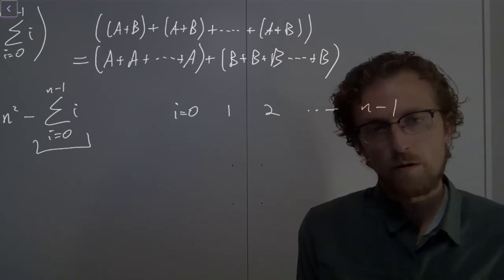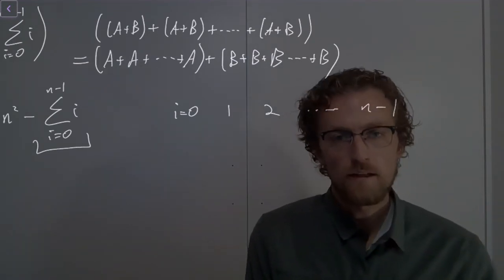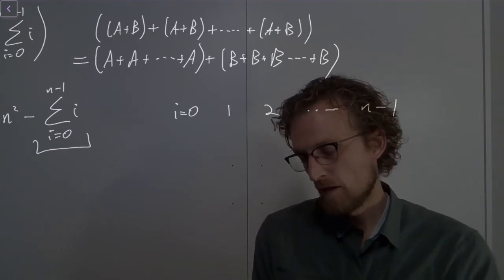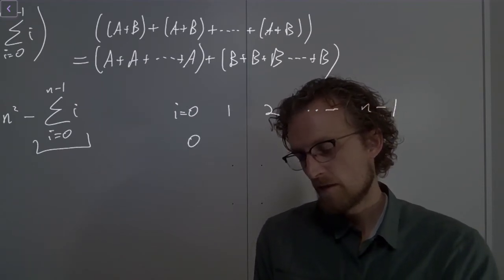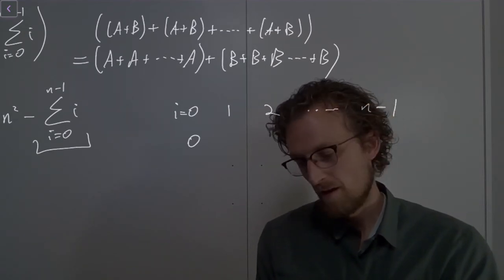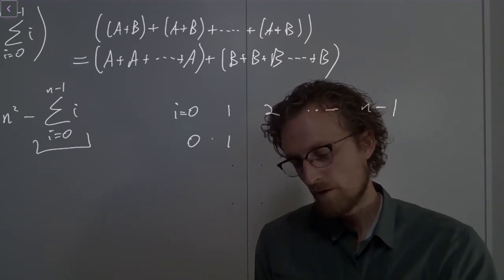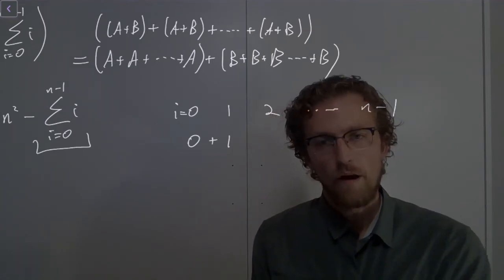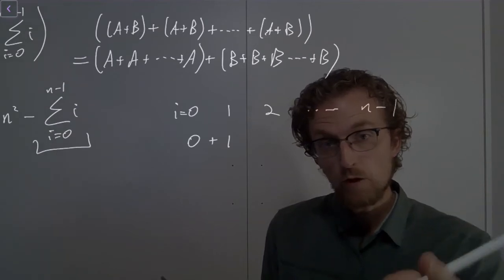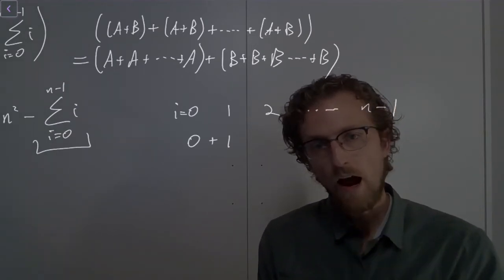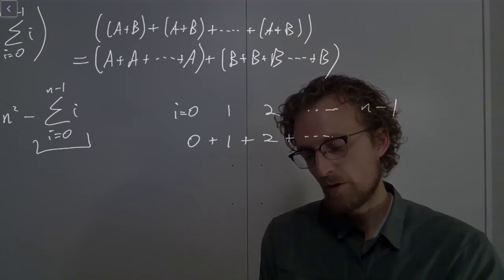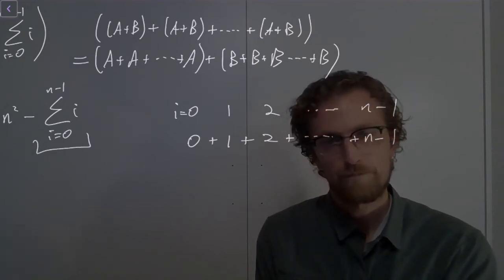When i equals 0, I add i into the accumulated sum, so I add in 0. Then when i equals 1, I add in 1. So I have plus 1. When i equals 2, I add in 2. Why am I adding in 2? Because I'm adding in i every single time here. So I have plus 2, plus all the way up to plus n minus 1.